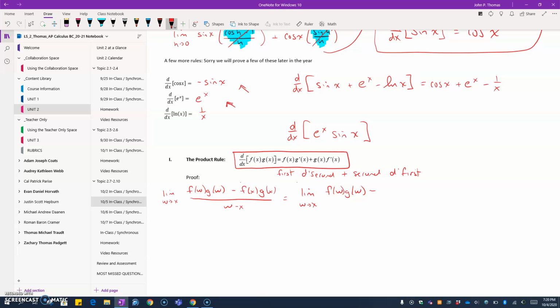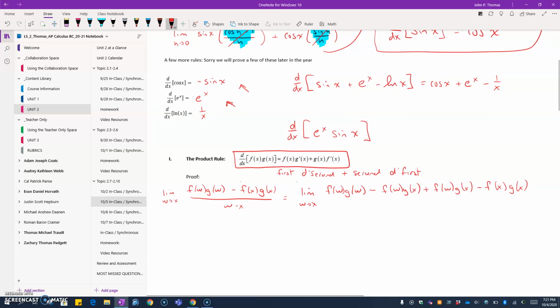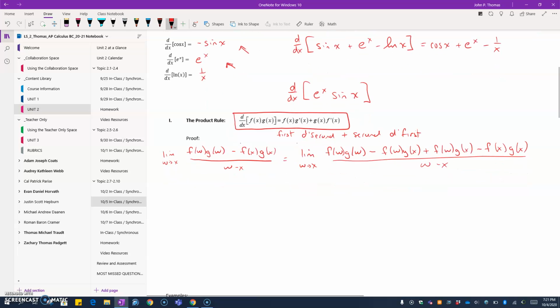So what we're going to put in is an f of w g of x, and then we're going to take that right back out with an f of w g of x. So we've basically added a term and subtracted a term that were exactly the same, and you'll see why in a second. So this is all over w minus x.